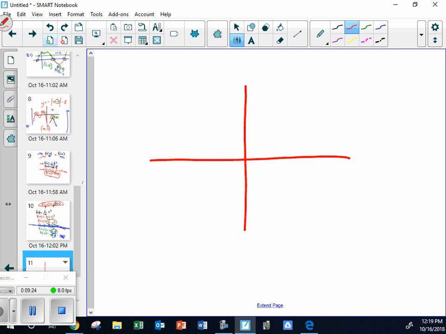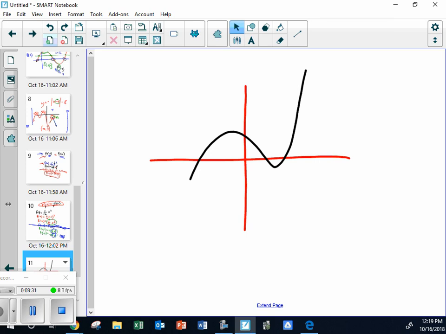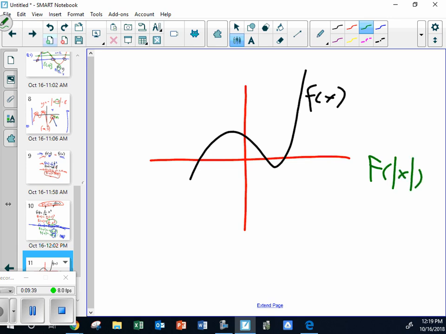Let's say I had that function right there. Would you make for me what this would be? The kind where just the x is absolute valued? Think about it.